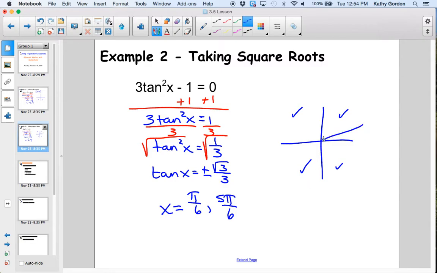Here's my pi over 6. Here's my 5 pi over 6. What would be my third quadrant? 7 pi over 6. That's going to be about right there. And then fourth quadrant. That's the one about right there.